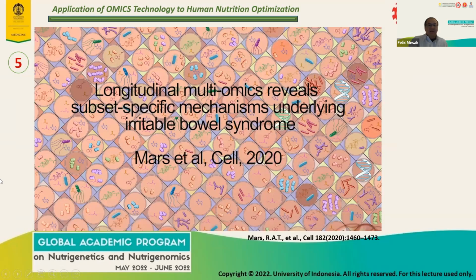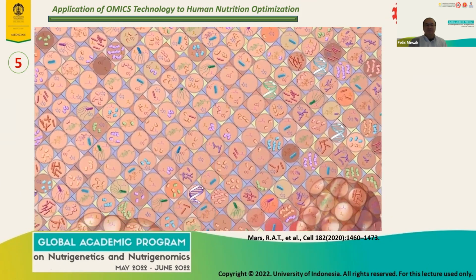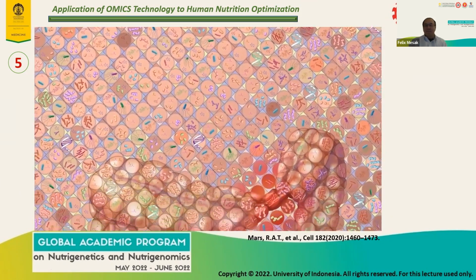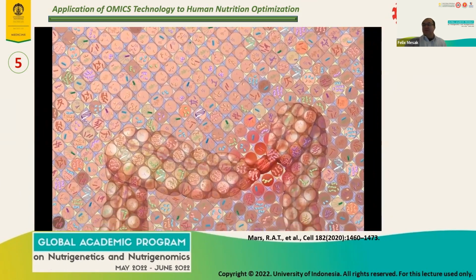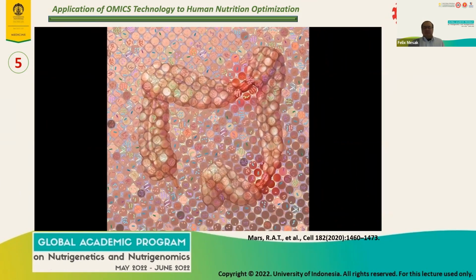Irritable bowel syndrome, or IBS, is a globally prevalent disorder predominantly seen in females and is characterized by abdominal pain or discomfort, combined with changes in stool form or frequency. Based on the predominant stool form, IBS is divided into constipation predominant, diarrhea predominant, or mixed subtypes.